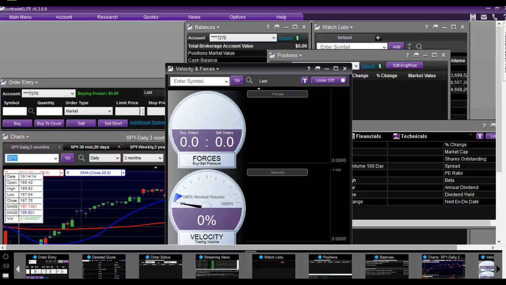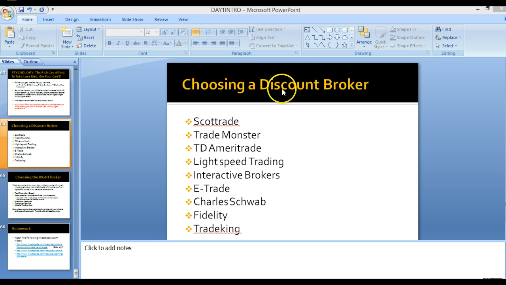Again, I use Lightspeed because they give me really cheap commissions, and I'm okay with their platform, even though it kind of looks like an MS-DOS version, kind of outdated, but it does the job. I don't complain. It has little shortcomings, like I cannot switch from trading stocks to options really fast.